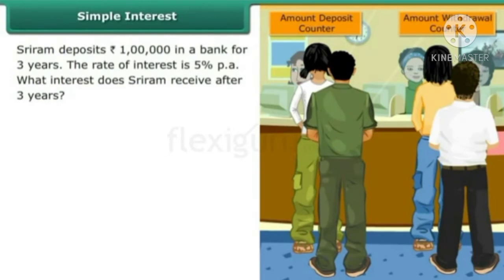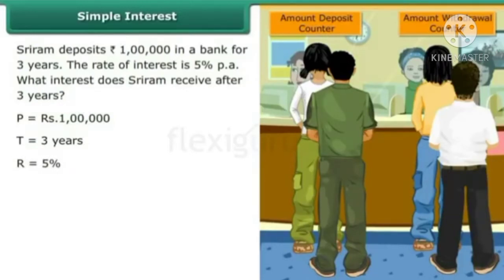Look at this example. Sriram deposits rupees 1 lakh in a bank for 3 years. The rate of interest is 5% per annum. What interest does Sriram receive after 3 years? Here principal is rupees 1 lakh, time period T equals 3 years, rate of interest R equals 5%.